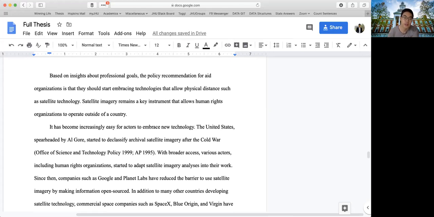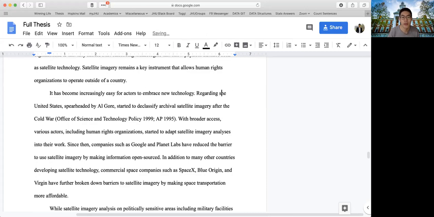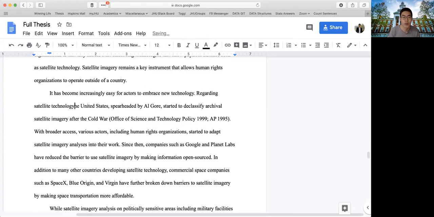The United States, regarding satellite technology, with broader access, various actors started to adapt satellite imagery analyses to their work. Since then, companies such as Google and Planet Labs have reduced their barrier to use imagery by having made their information open sourced.